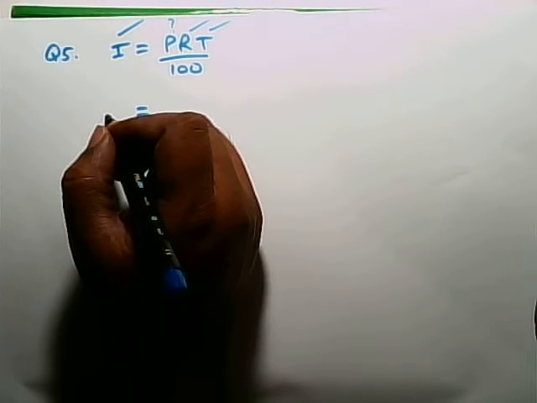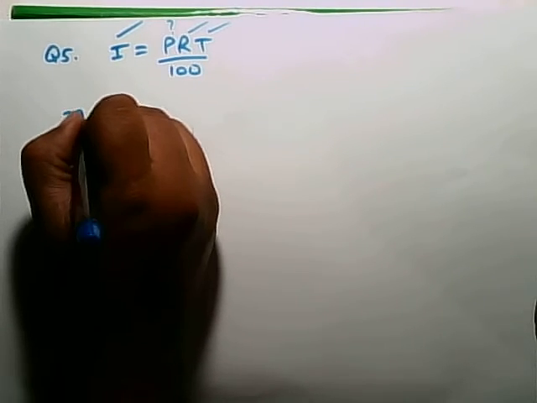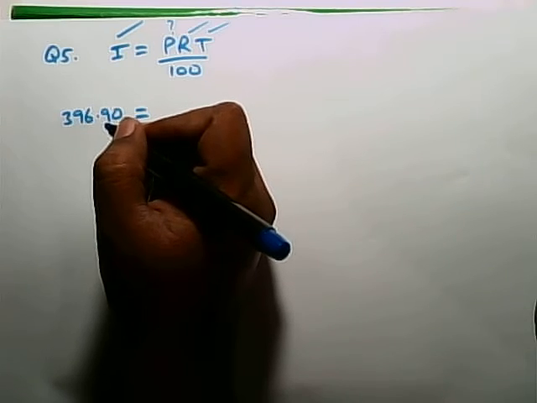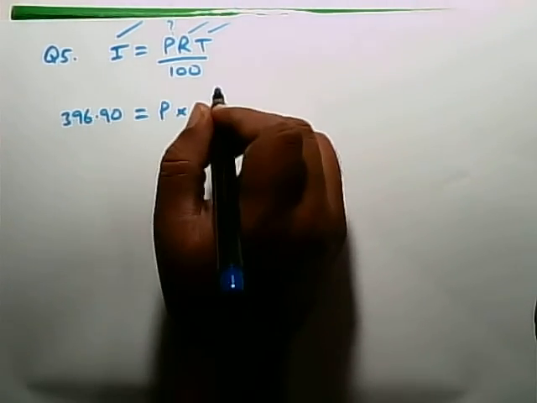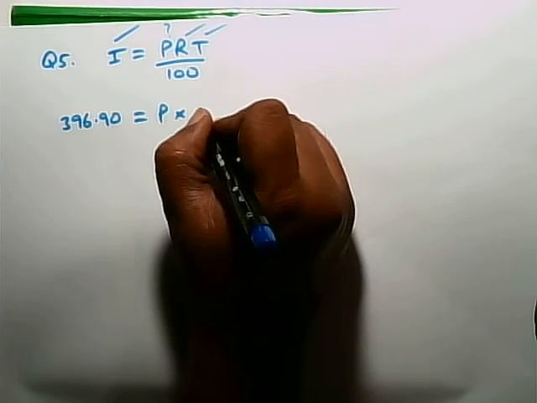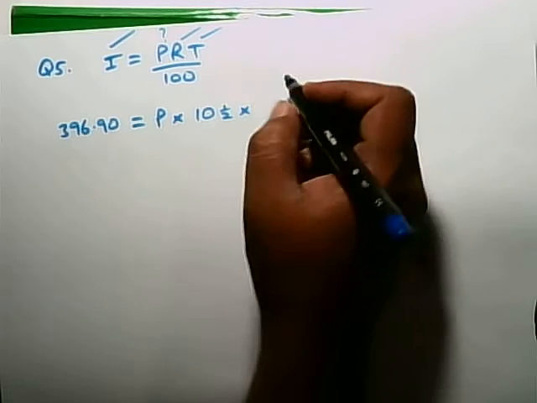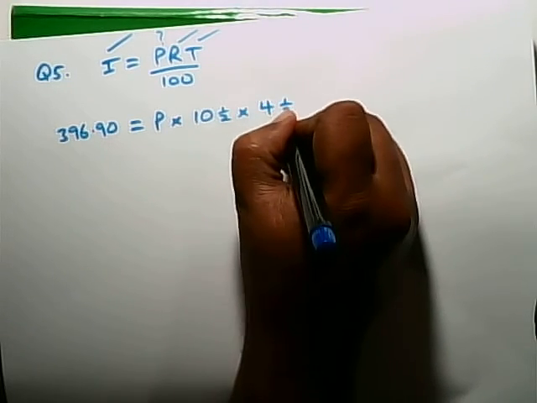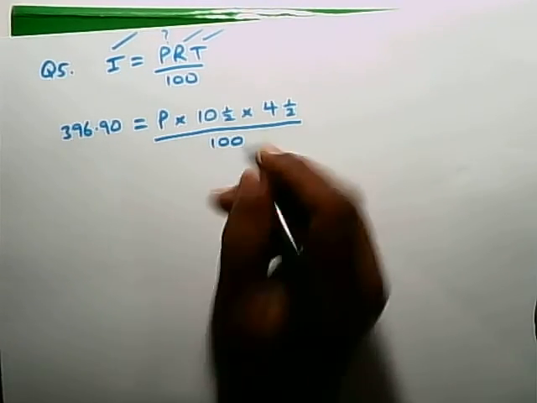Simple interest was 396.90 according to what we are given here. And P, the rate was 10.5, and the time was 4.5. All of that over 100.